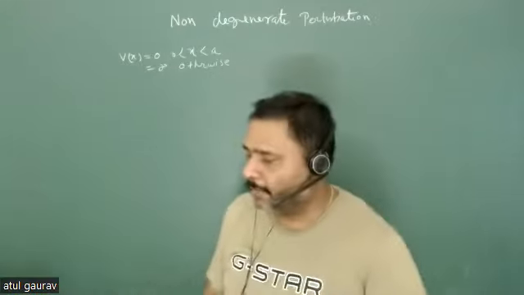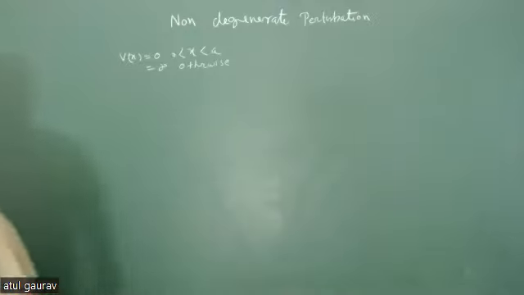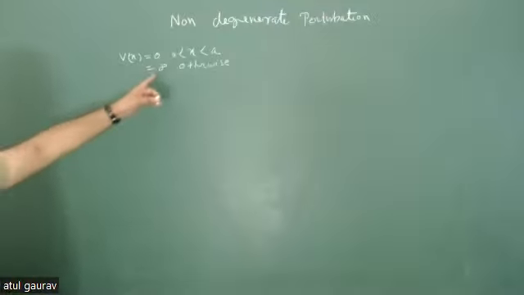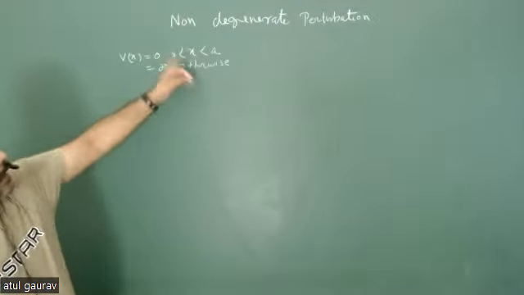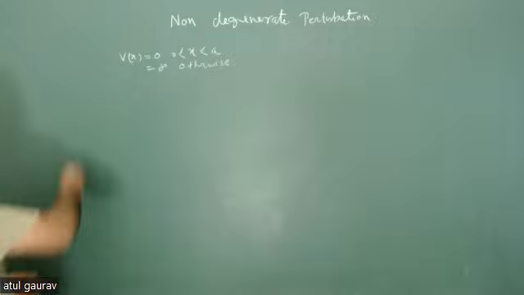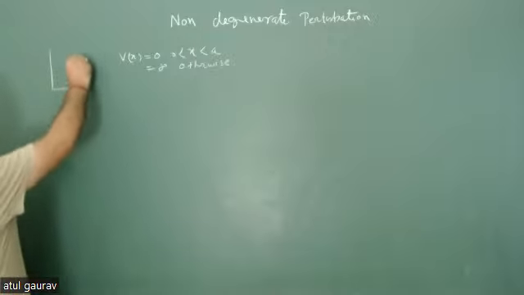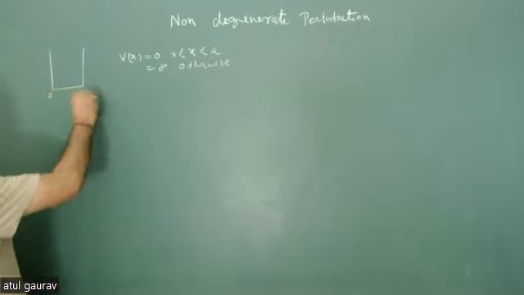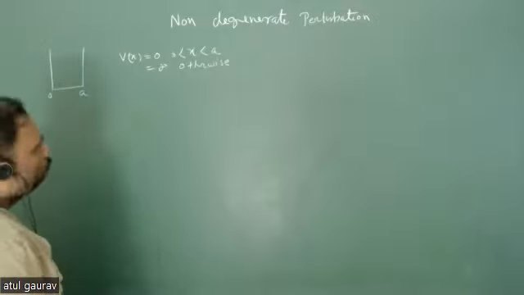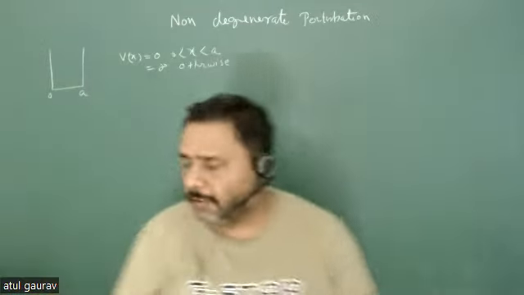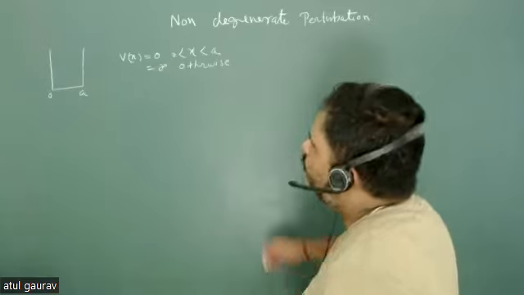Particle in an infinite box, isn't it? An infinite box of width a, centered at a by 2. So what will be the energy eigenvalue and eigenfunction of this particular system?